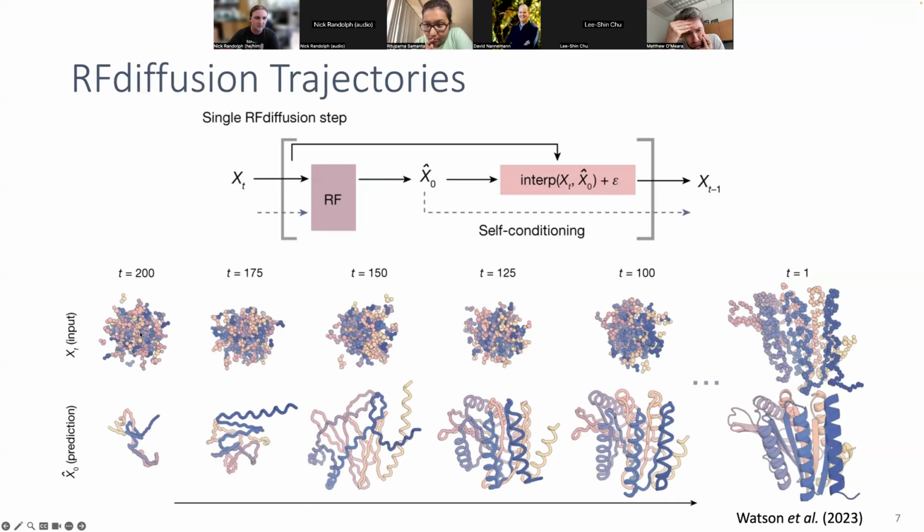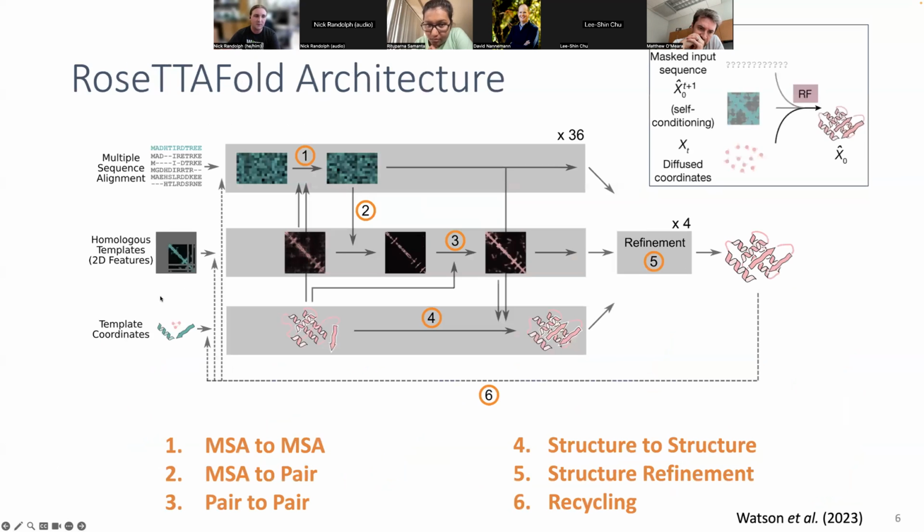So what's happening is we take this noisy structure, predict the ground truth, and then take this ground truth and calculate some extra features from it. We calculate the distogram as well as some anglegrams, and then use those as these pairwise template features that go through this. So that's how the self-conditioning actually works.